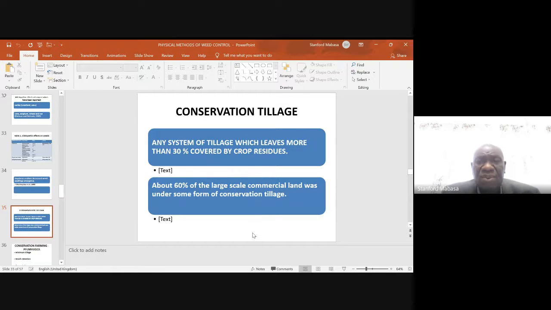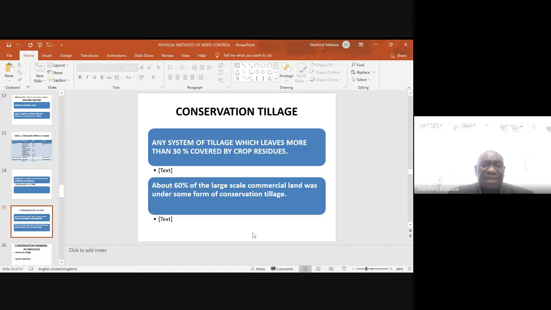Now, conservation agriculture, conservation tillage, is actually being used to reduce weeds. It's any system of tillage which leaves more than 30% covered by crop residues.